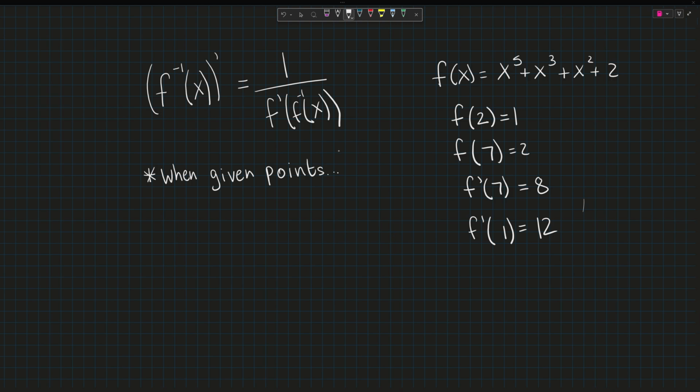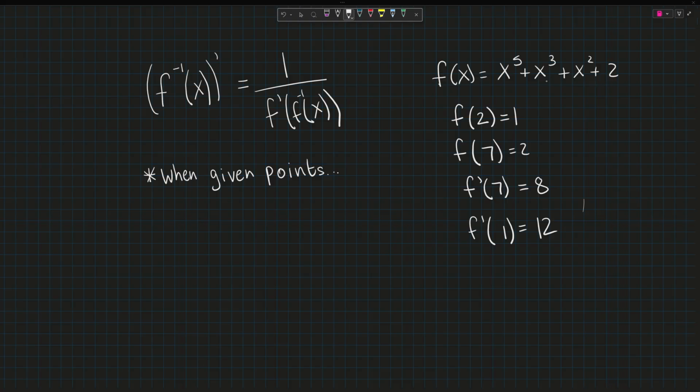This is useful to a certain extent, that is identifying the derivative at single points, which is why we're always given specific values for a problem like this. Because again, the f inverse of x is really hard to get in equation form because of how many times you get y values for something like this.